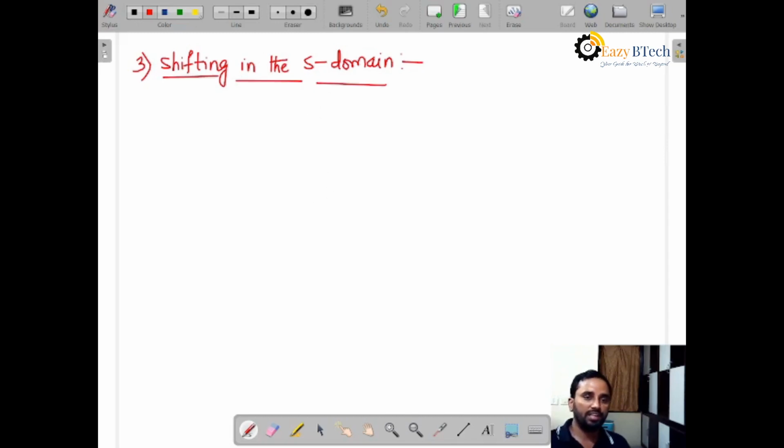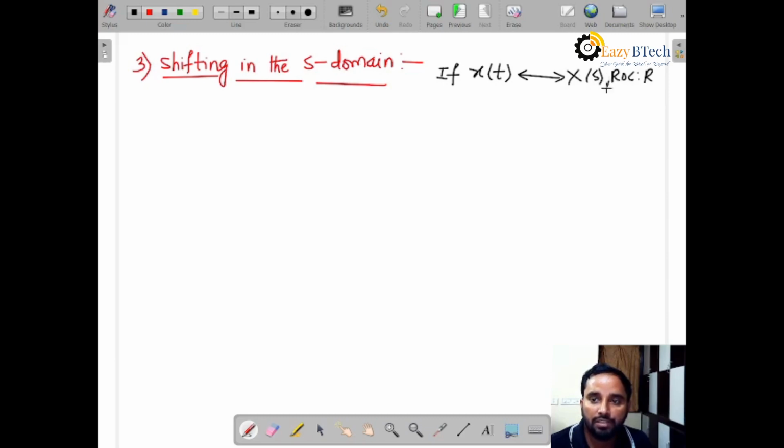So first see the statement, then we can do the proof. So if x of t Laplace transform is x of s and ROC is capital R. The ROC of this is capital R.